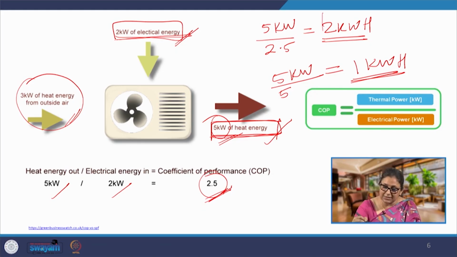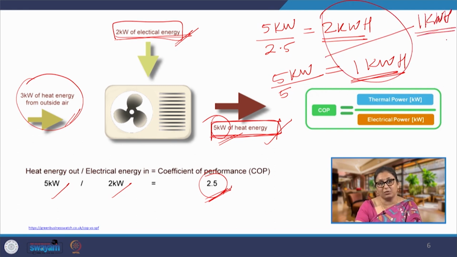Now, this saving that we have achieved, which is 1 kilowatt hour, we can directly convert, depending upon which fuel you are using and what the emission coefficient is for the given state or country. So, in India, we know that the carbon emissions from 1 kilowatt hour of energy generated is equivalent to 0.85 kilogram of CO2.